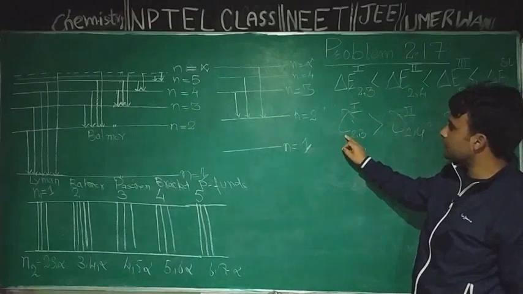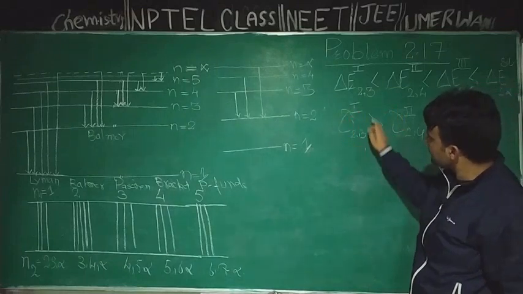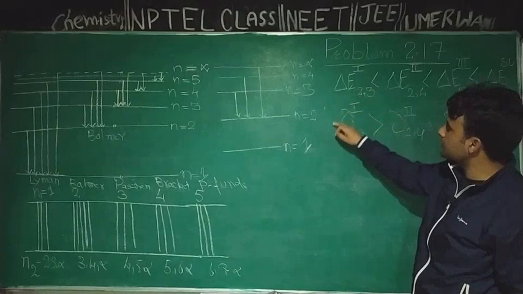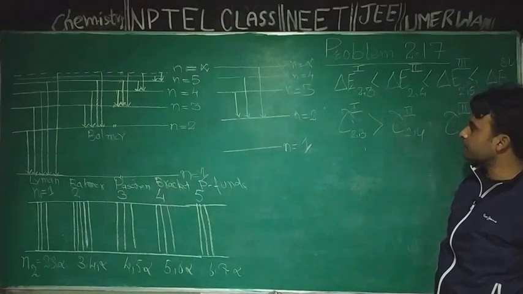Now we have to calculate the wave number for the longest wavelength transition in the atomic spectra of hydrogen.